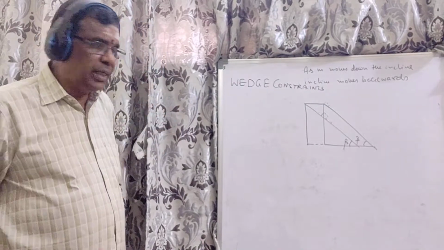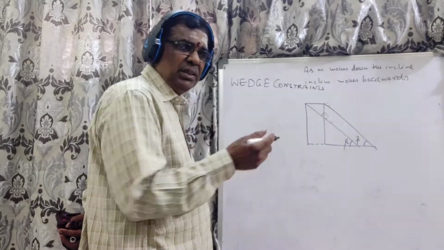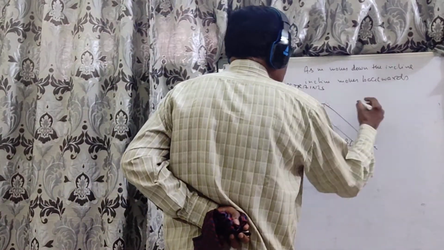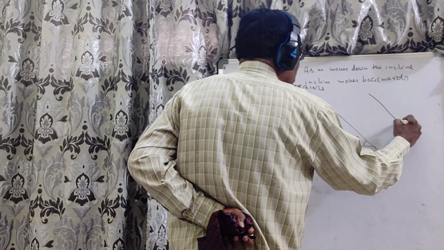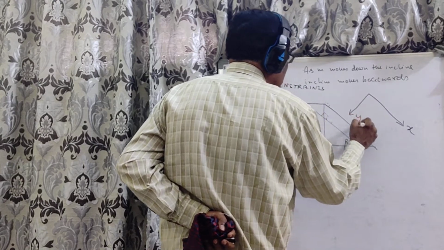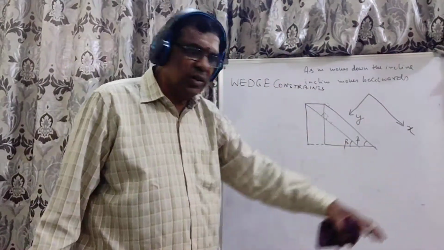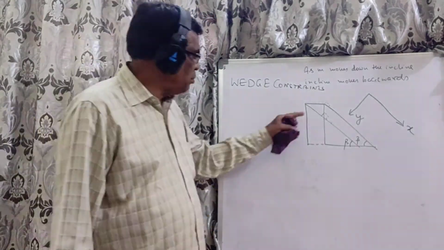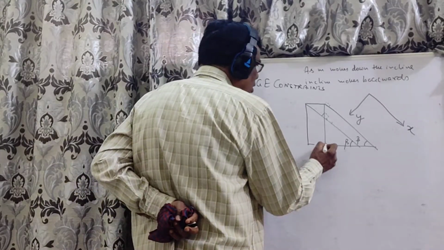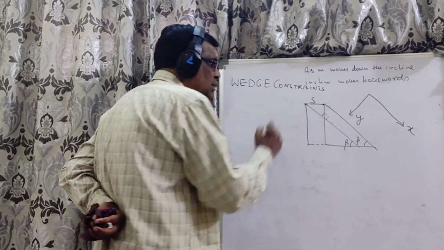In wedge constraints, you have to choose your x and y, because this is in the plane. Say, for example, I will choose this as the x axis and this as the y axis. Parallel to the incline is the x axis, perpendicular to that is the y axis. How far has this moved? Let me call these two points.